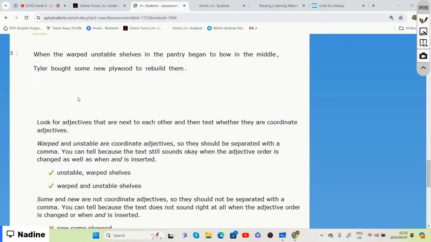The reason why they are is because if we were to put a comma between warped and unstable, or put "and" between them, our sentence would still have been the same.